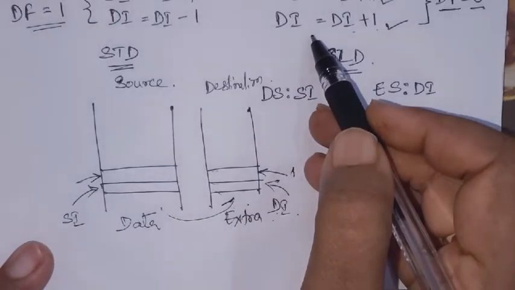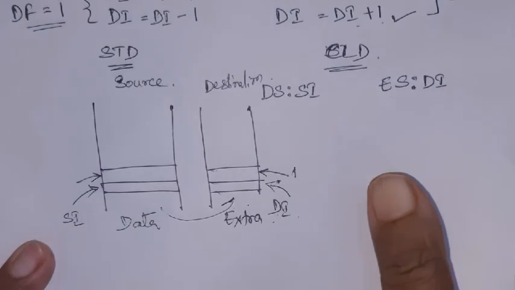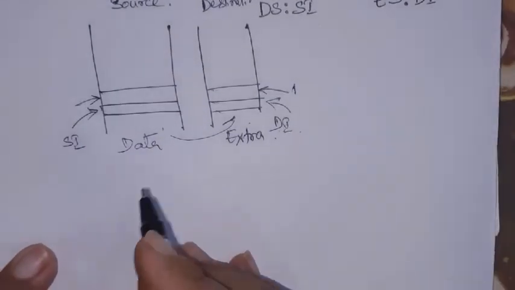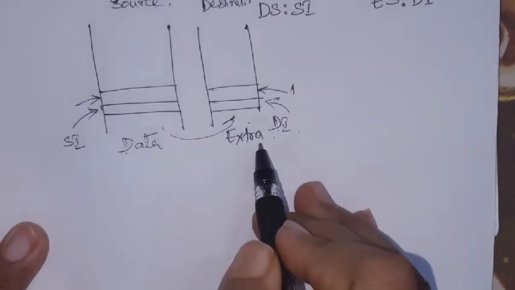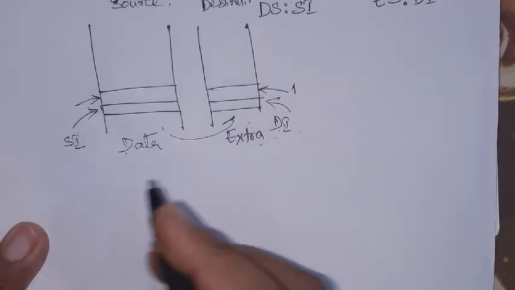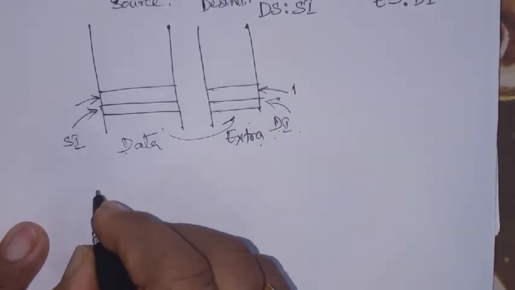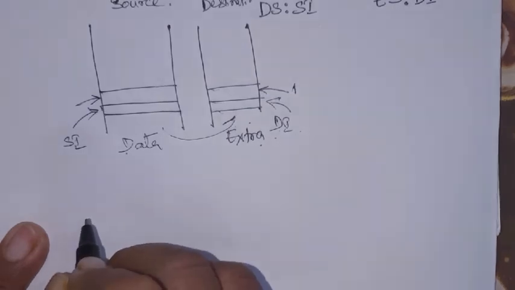If we want to transfer a block of data, let us suppose 100 bytes of data is to be transferred from source to destination, then the count register and the repeat prefix are used.